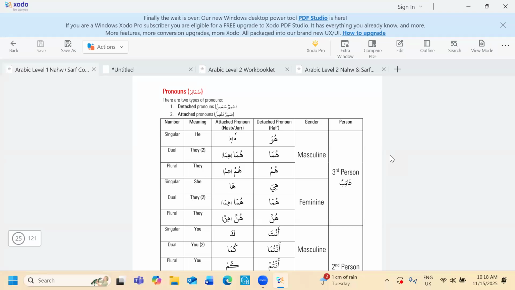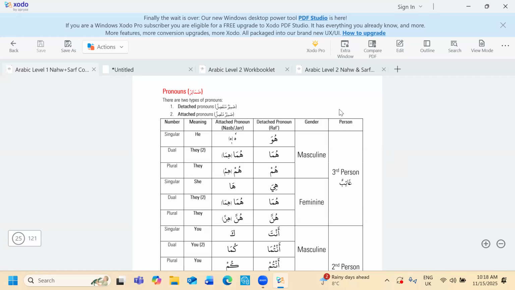And to simplify it, I know it's mentioned as something else in the book, but for now I want you to say that all detached pronouns, which is huwa, huma, hum, hiya, huma, hunna, and so on, all of them are rafa. So your case ending for huwa is rafa, huma is rafa, hum is rafa, anta is rafa, and so on.